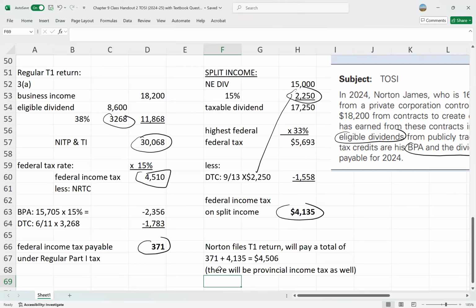You can if you want, but just understand the basics of how these rules work and why they are in place. They're trying to prevent parents from putting their kids as shareholders, and then the kids receive dividend income, but they're actually not contributing to the company. That's where these tax on split income rules apply. Any questions about this question on tax on split income?